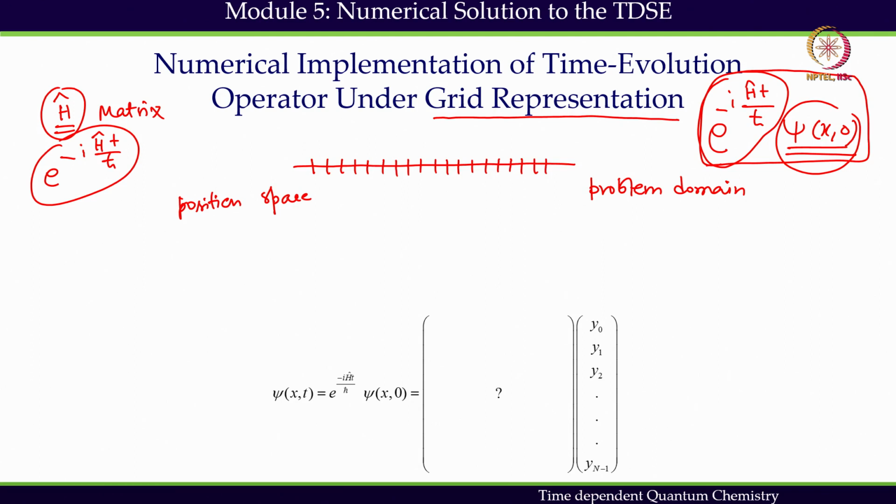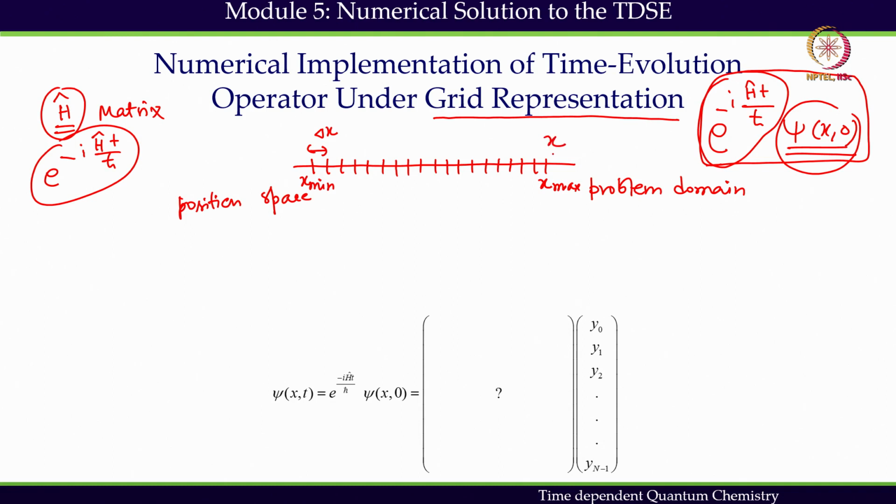This is something we have already understood in Python tutorial 2, where we showed how to represent the wave function on a grid. Basically, we take some x minimum and some x maximum, and this range is divided into small intervals, and each point is going to be a grid point.